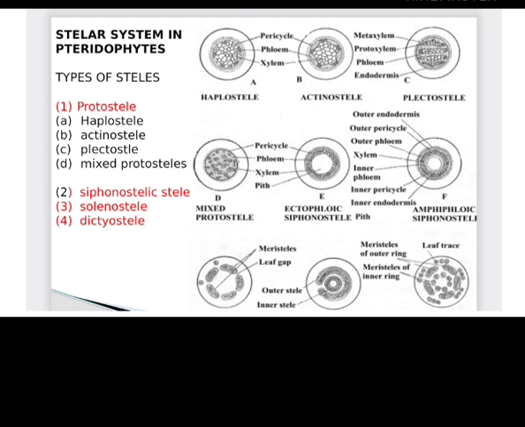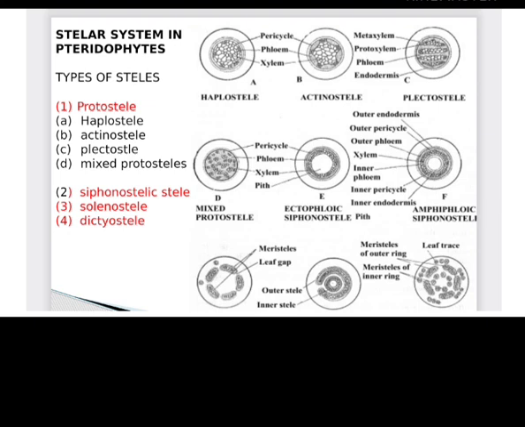Now the stele. Types of stele include protostele, haplostele, actinostele, plectostele and mixed protostele. You can see here the diagram of different types of stele. This is the diagram of haplostele, where phloem is present inside and surrounded by pericycle.